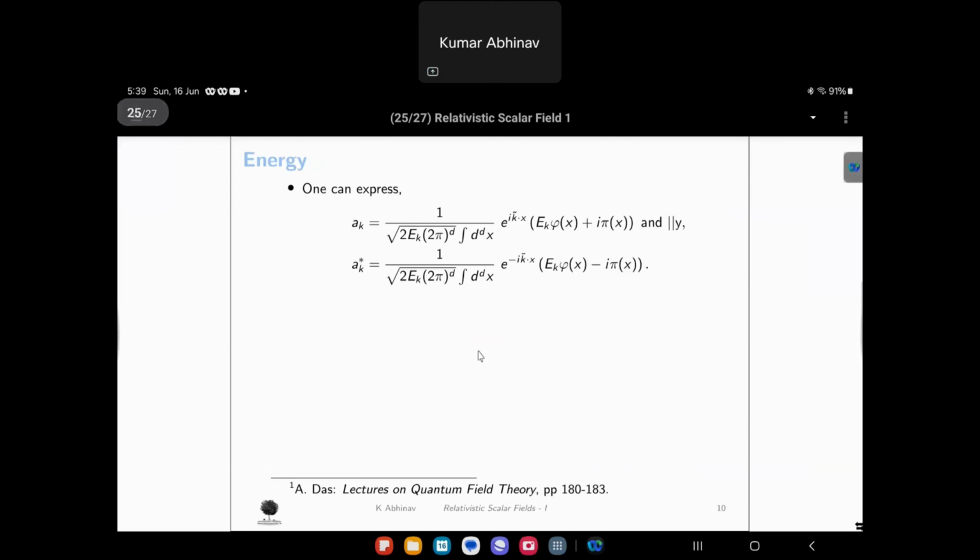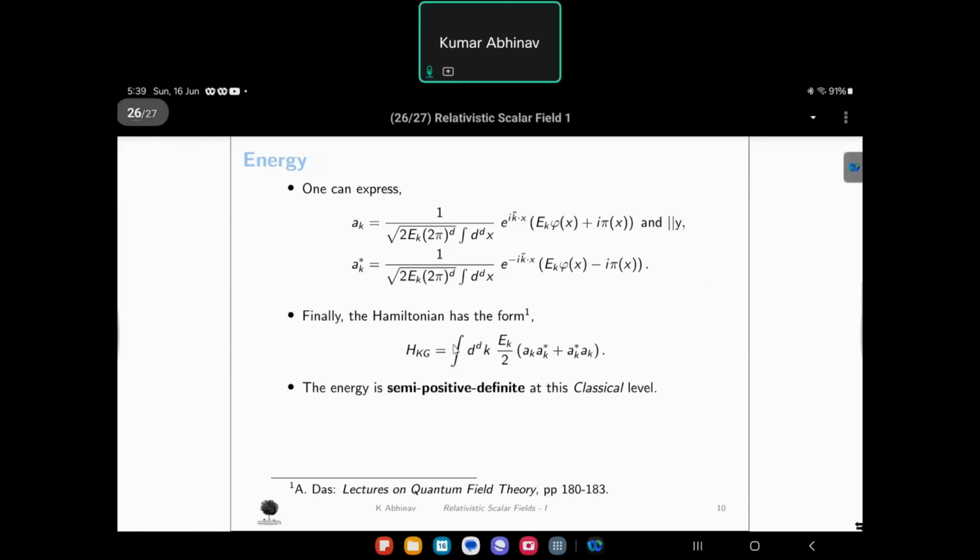So we can actually reverse these operators, a_k operators, in terms of the scalar field and its conjugate field pi, like this. So these are the expressions one can check. And for all these calculations I mostly follow this reference, which is Lectures on Quantum Field Theory by Professor Sogdas, and this is the page number.